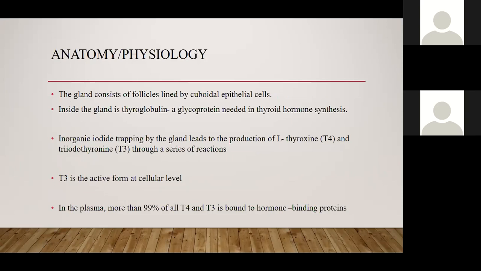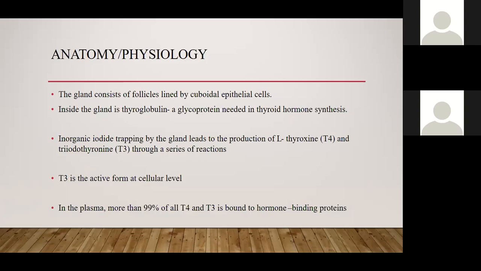In terms of still anatomy and some physiology, when you cut open the gland, you see what we call follicles, and the follicles are lined by special cells called cuboidal epithelial cells. Inside these follicles, you have a solution or a glycoprotein that makes hormones, and this substance is called thyroglobulin.